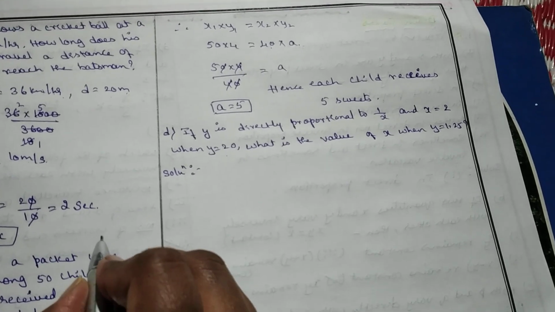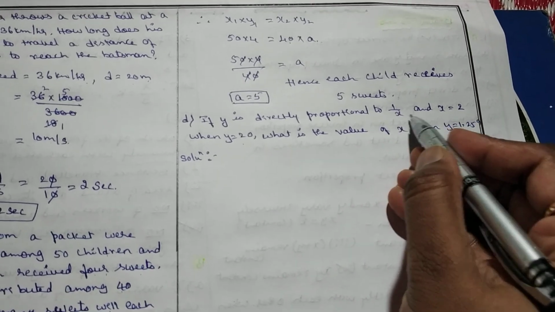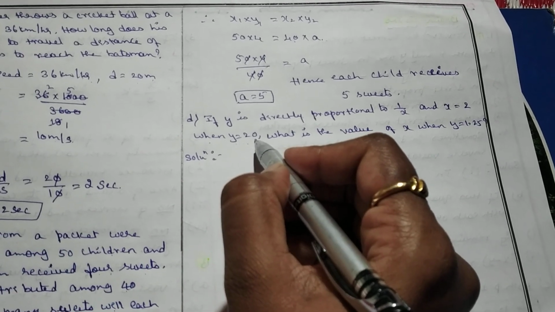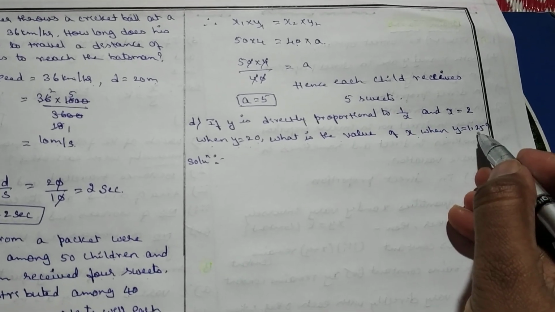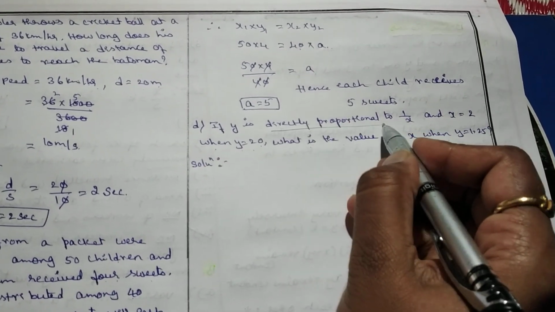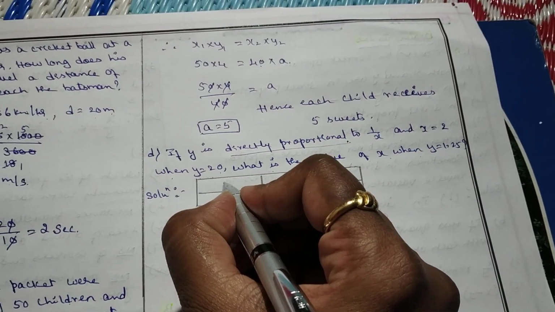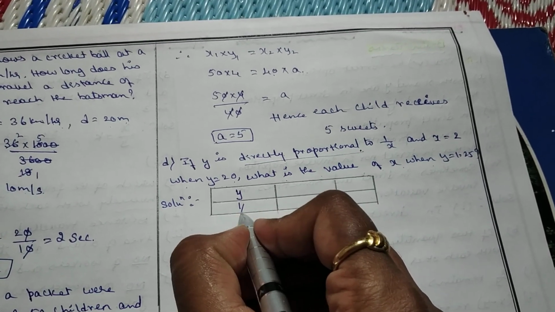So, fourth question: if y is directly proportional to 1 by x and x equals 2 when y equals 20, what is the value of x when y equals 1.25? Here the proportion given is direct. So let me make the table here. First is y and the next is 1 by x.